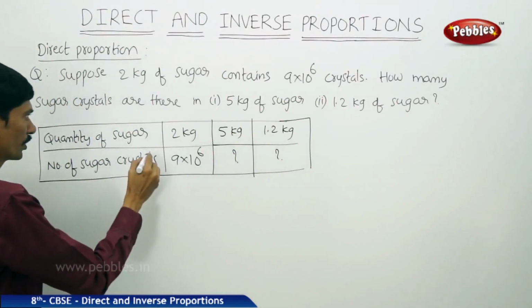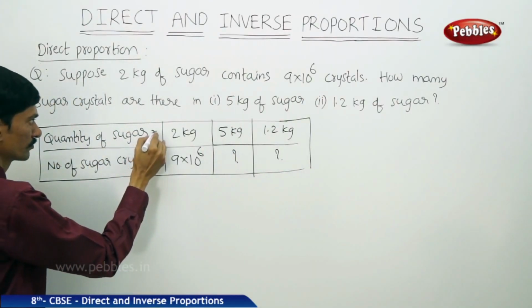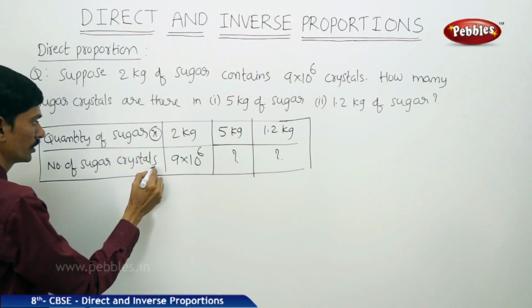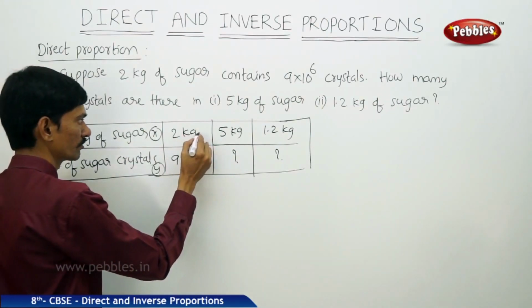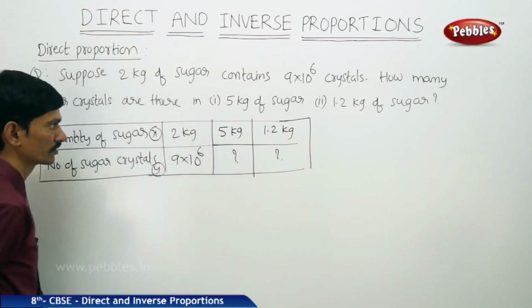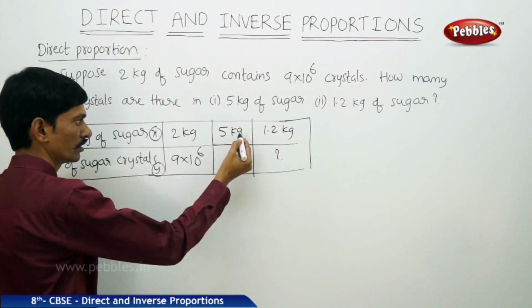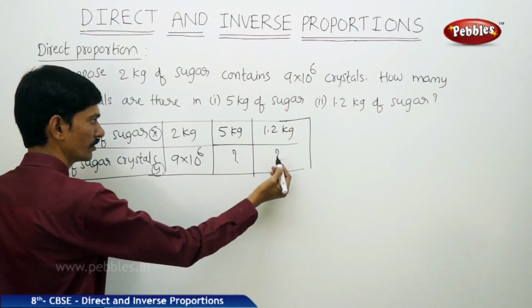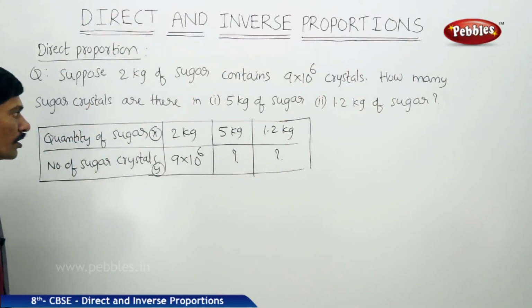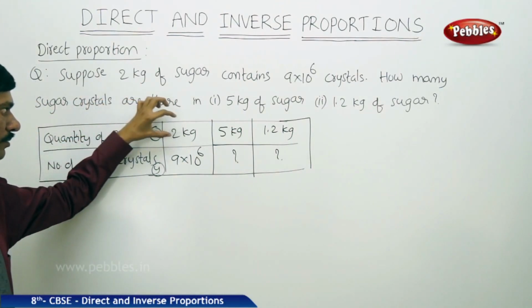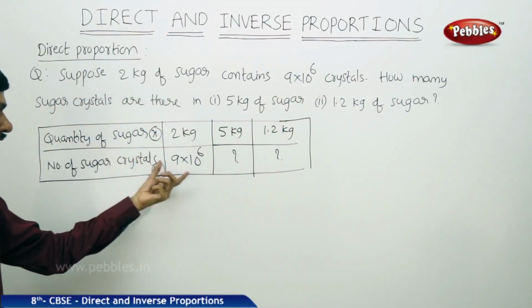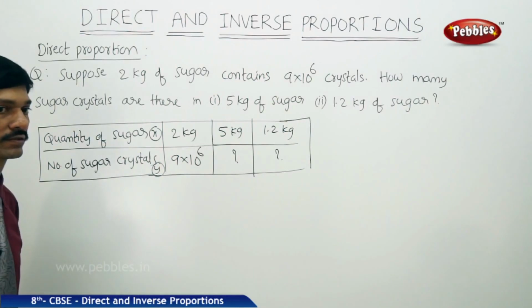So let the first quantity be x and the second quantity be y. Now here it is given that x1 and y1 values. Then you should find out y2 value and you should find out y3 value. Now see, for example, if the quantity of sugar is 2 kilograms, then it contains 9 into 10 to the power of 6 crystals.